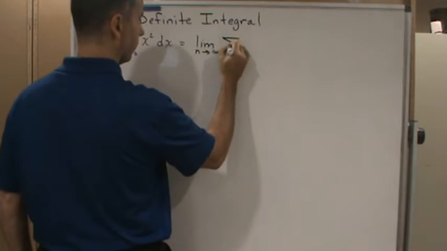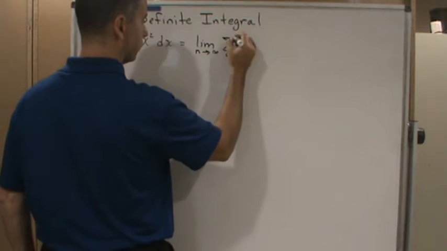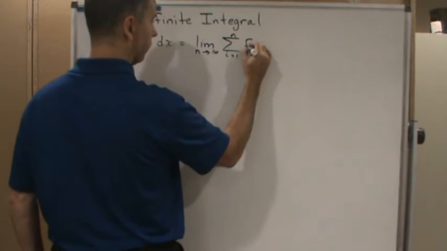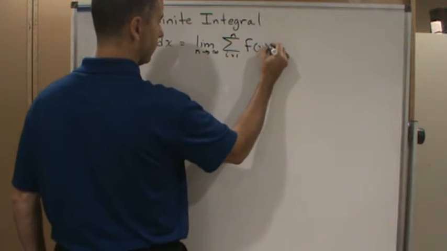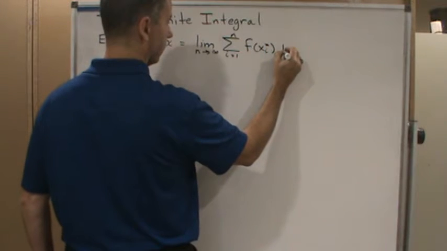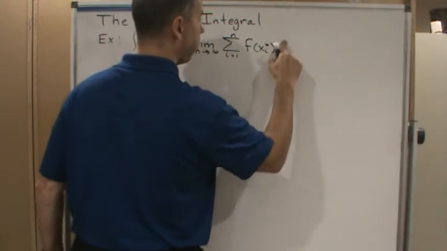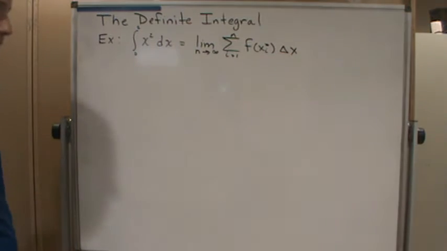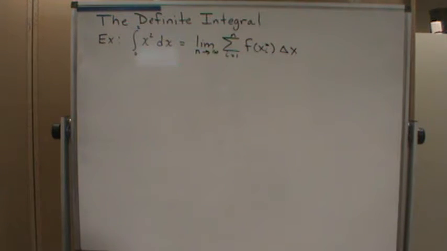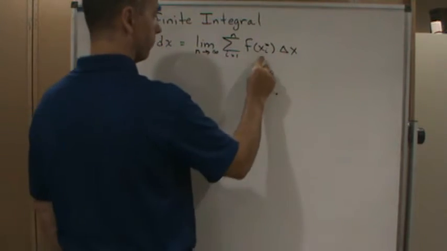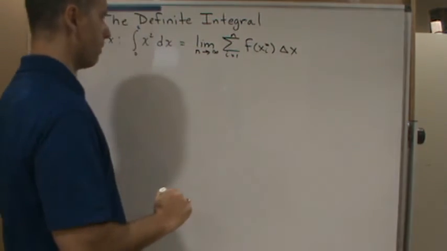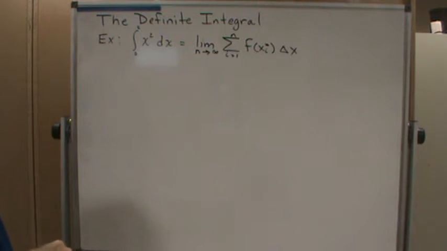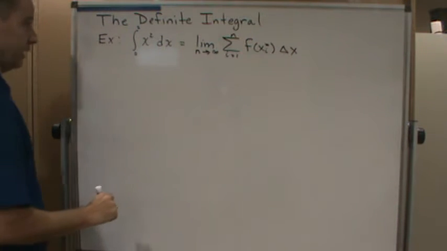So the summation of i equals 1 to n of f of x sub i star delta x. Okay, so now that's the definition. Now we just need to find the Riemann sum. Okay? So let's figure out what the Riemann sum looks like.